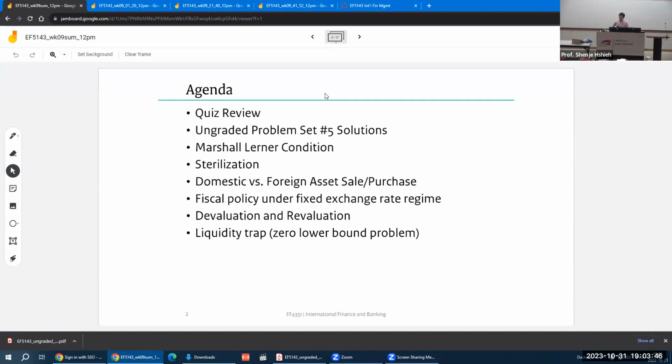And the final topic on FX rate determination is an augmentation of the UIP relationship so that we can account for different types of risk premium. Specifically, we can now think about default risk of a country that may impact the UIP equation in such a way that makes, for example, domestic deposit rates less attractive.